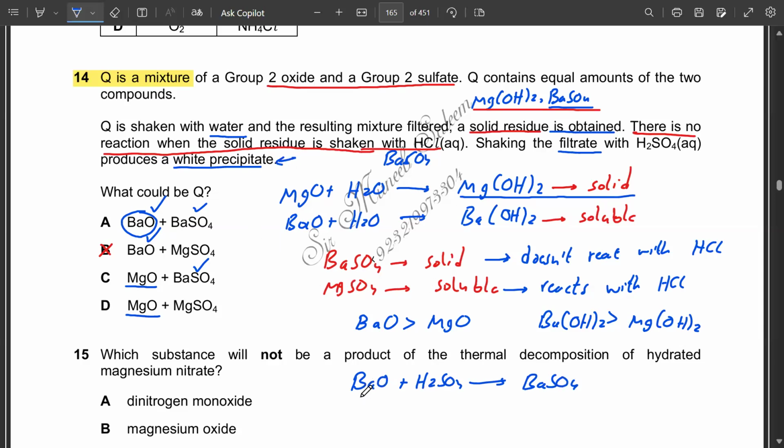So this is the one which passed through the filter paper and formed the white precipitate when it reacts with the sulfuric acid. And we have already discussed that it is barium sulfate previously which was not reacting with the HCl. No reaction was possible with the HCl. That is barium sulfate. So both parts of option A are correct. Barium oxide and barium sulfate both are present. So that's why the correct option becomes option A.